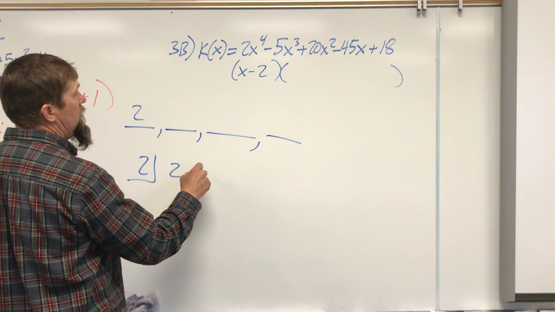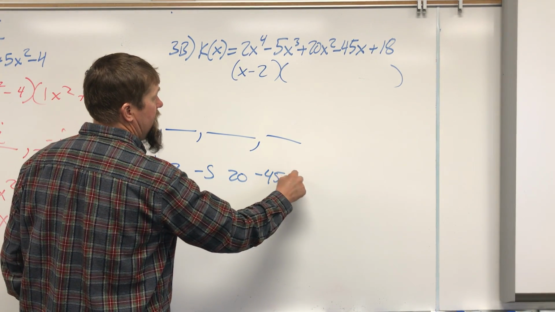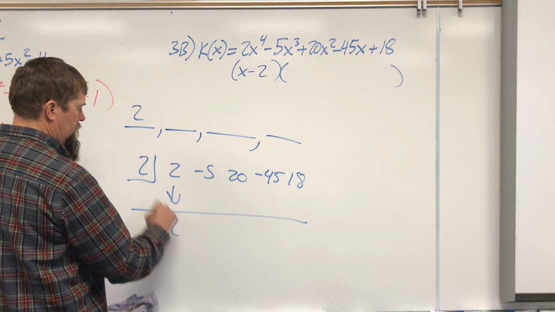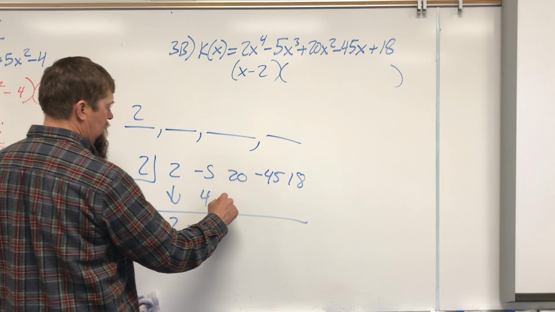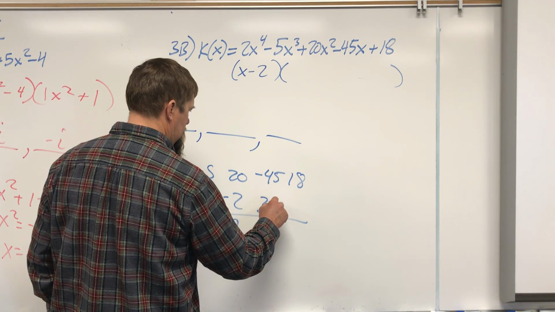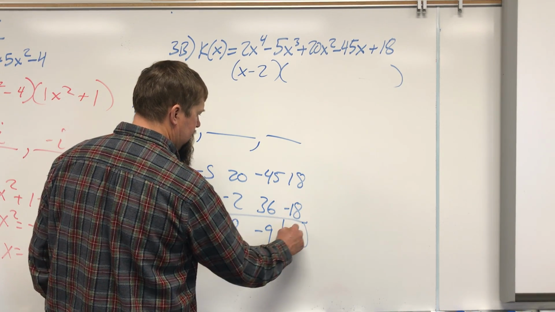I've got 2, negative 5, 20, negative 45, and 18. Drop 2, multiply, negative 1, negative 2, 18, 36, negative 9, negative 18, and sure enough it is a 0.